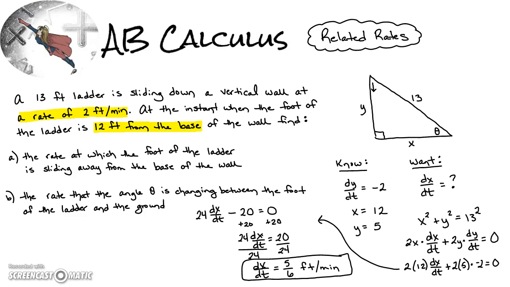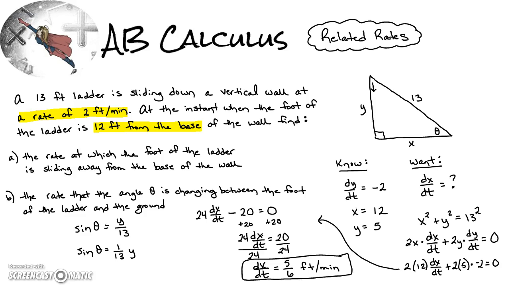So I'm going to write down right here, the sine of theta equals y over 13. Okay, now don't let this trip you up. Y over 13, I would rewrite that as 1/13 y.